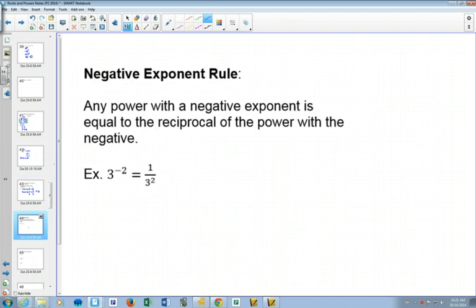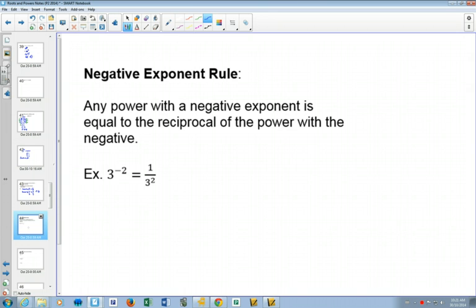Negative exponent rule. So you get rid of the negative exponent and just rewrite the power on whatever other side of the fraction you have.